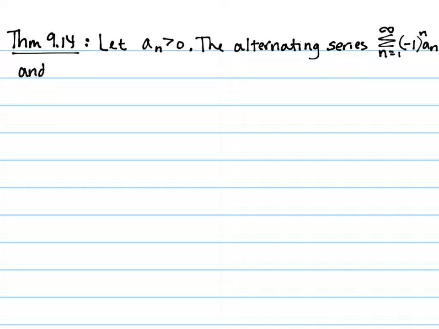The alternating series, the summation from n equals 1 to infinity of negative 1 to the n times a sub n, and the summation from n equals 1 to infinity of negative 1 to the n plus 1 times a sub n, converge when.